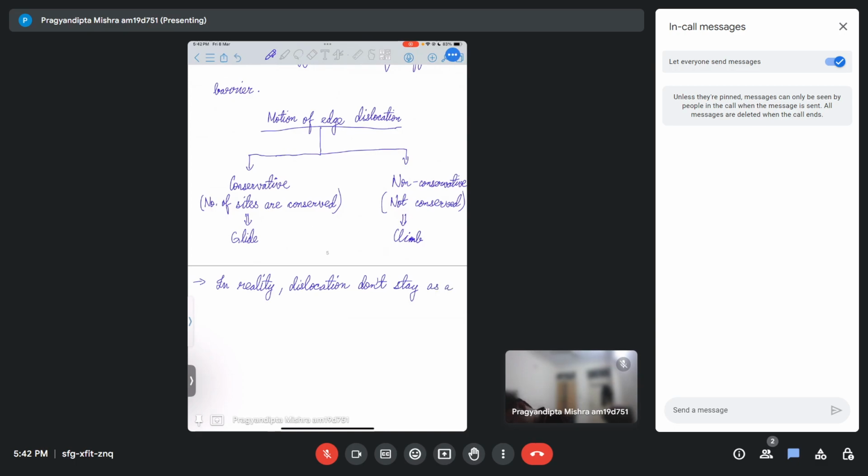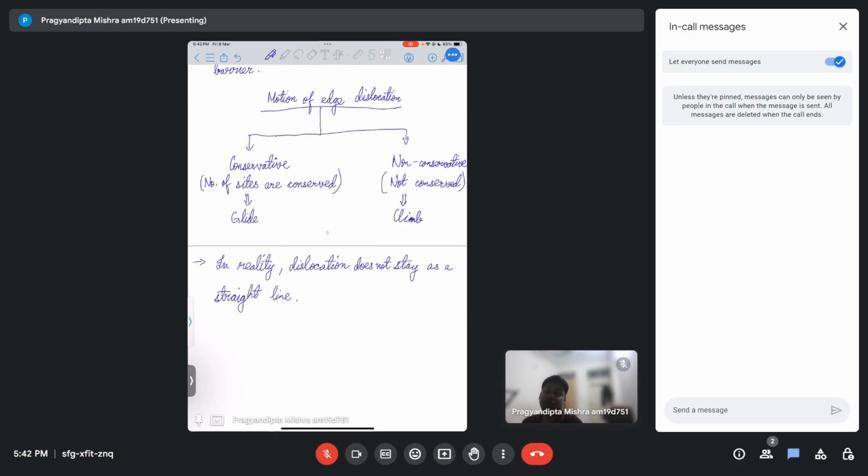In reality, dislocation does not stay as a straight line. What it does is form different structures known as kinks and jogs, which essentially help it minimize its energy while moving, so the movement becomes easier.